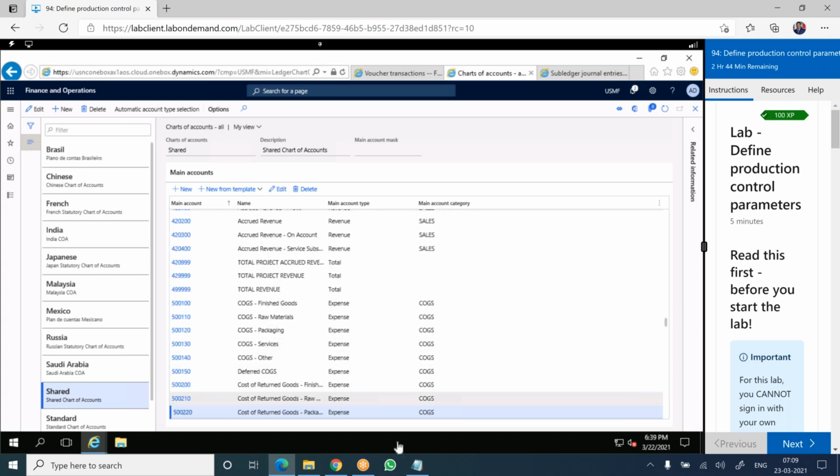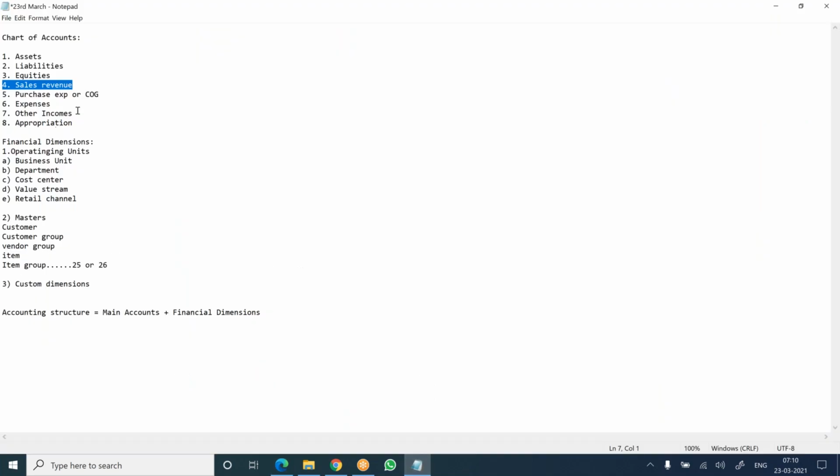This is purchase expenses. Whatever you are getting money through sales, that is sales revenue. And this is purchase expenses. Whatever you are spending money to purchase the material, that is purchase expenses.